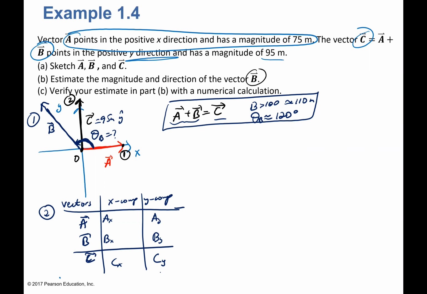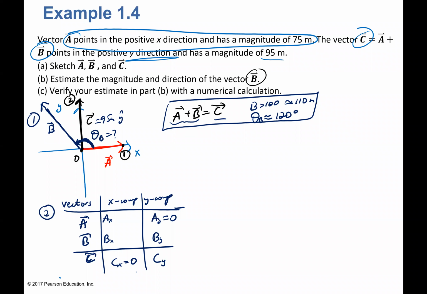All right. One thing I know here is that vector A has no y component because it's just pointing in an x direction. Vector C has no x component because it's pointing in a y direction.